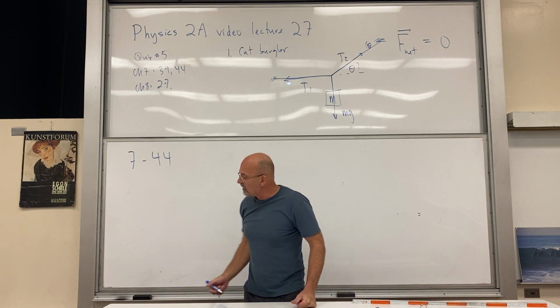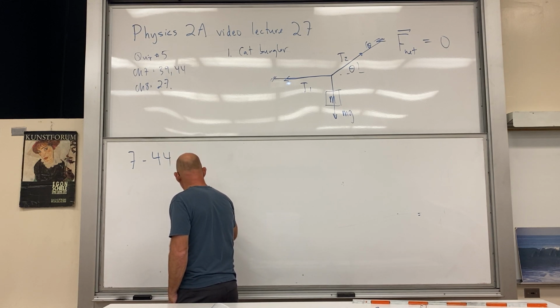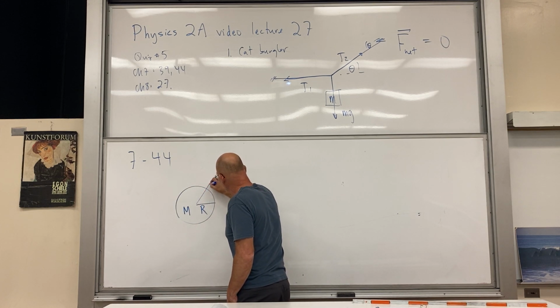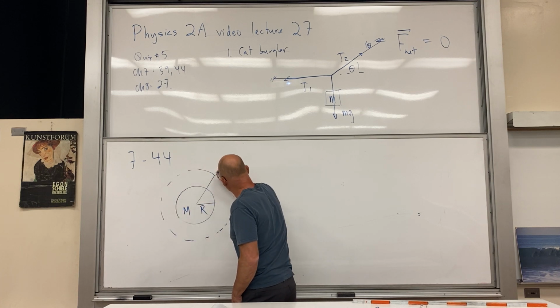Let's go ahead and just solve this generally for starters. So here's our Earth, and we can characterize it by its mass and its radius. And here's our satellite orbiting the Earth.